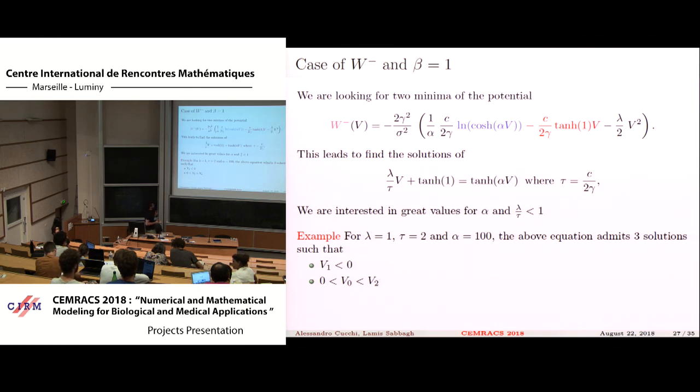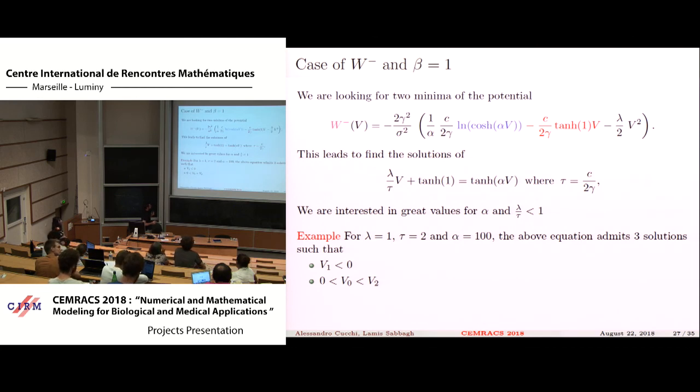This equation means that we are searching for the intersection points between the hyperbolic tangent of alpha v and this line. This slope is positive since beta is positive.